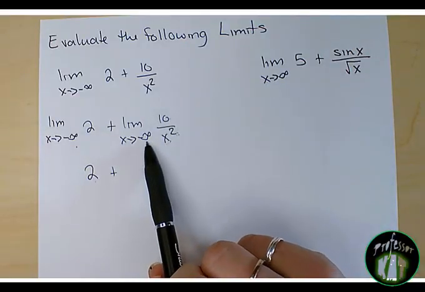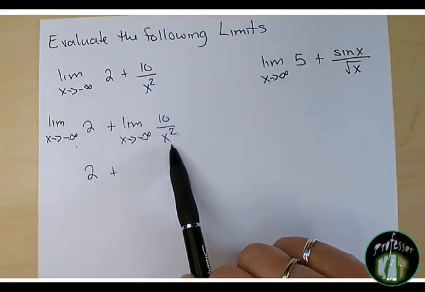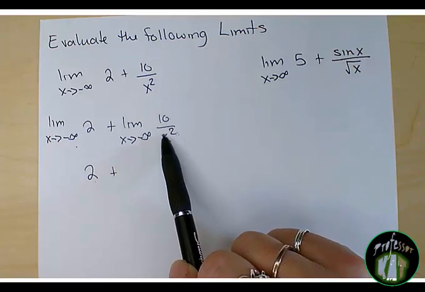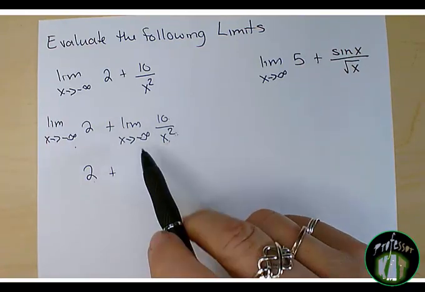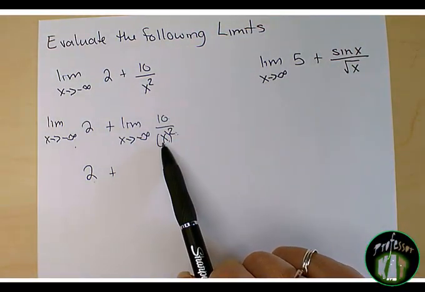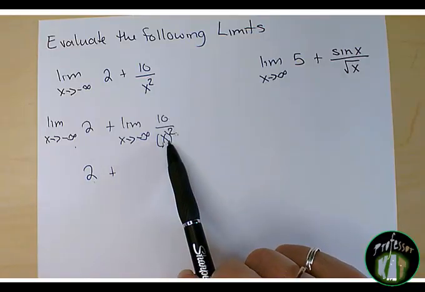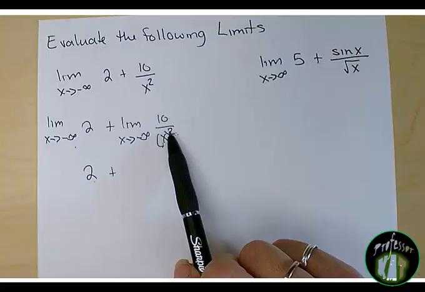Now we are plugging in negative infinity, so maybe in your brain think about what this would look like if I plugged in negative 100 million or negative 100 billion into the denominator. We have to keep in mind that we're plugging in for x, and x times x, we're squaring it. So it doesn't matter if we plug in a positive number or a negative number. When we square it, it's going to be positive.